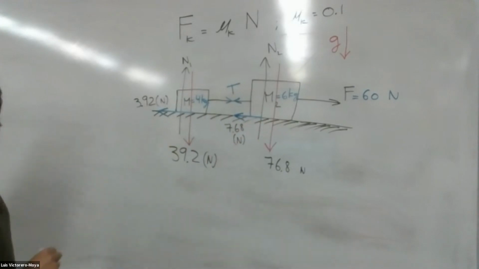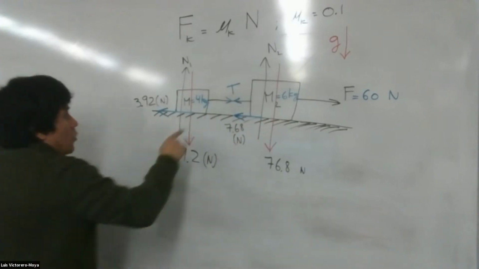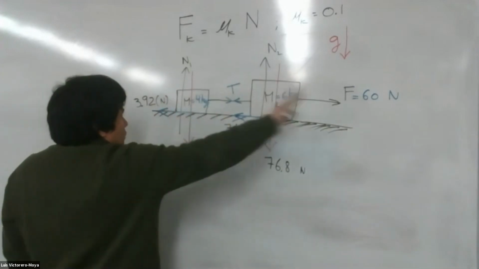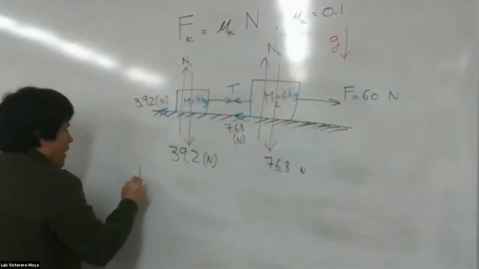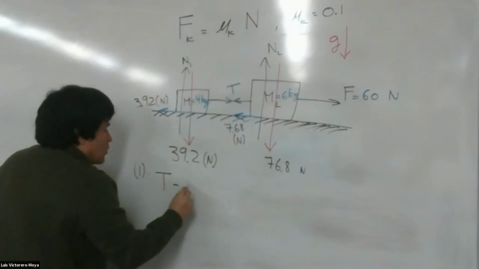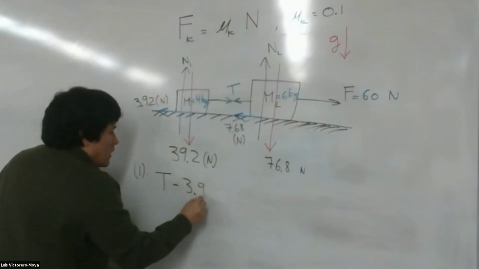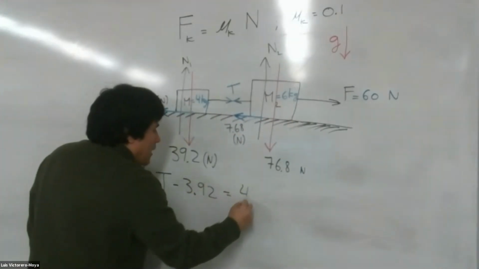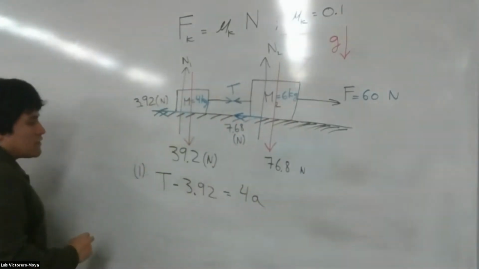Now I can apply Newton's second law. Newton's second law for this mass that is moving to the right, so for mass 1: T minus 3.92 equals 4a, where a is the acceleration of the system.